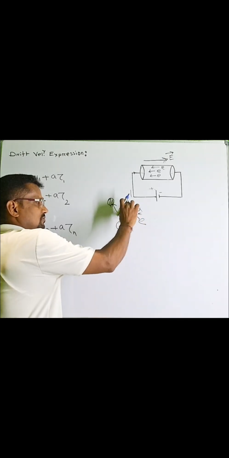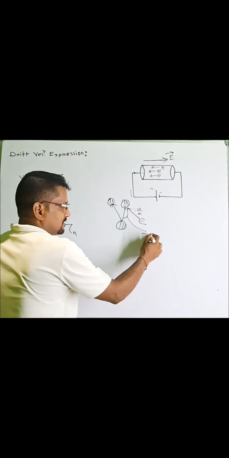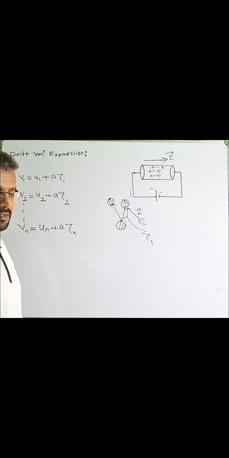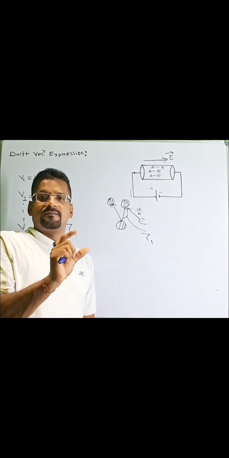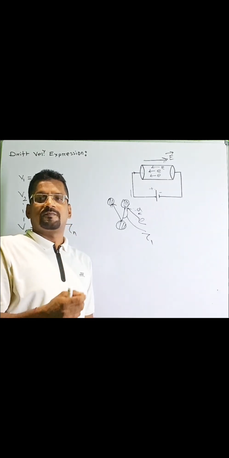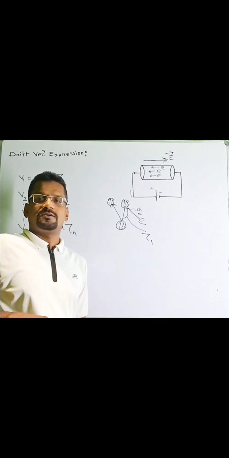Between two successive collisions, the time is called relaxation time. This is tau1. It is a very small amount of time, like 0.001 second, and that time is called the relaxation time.